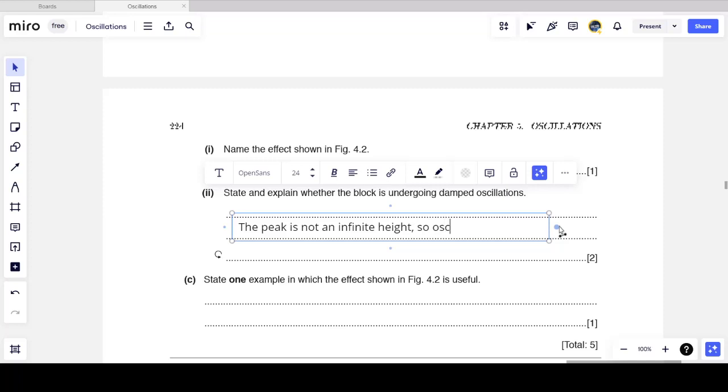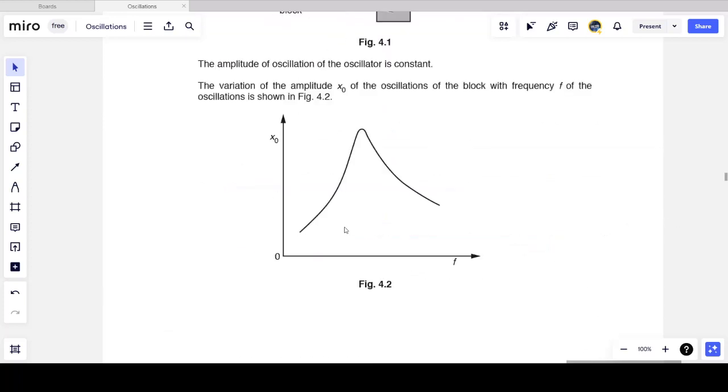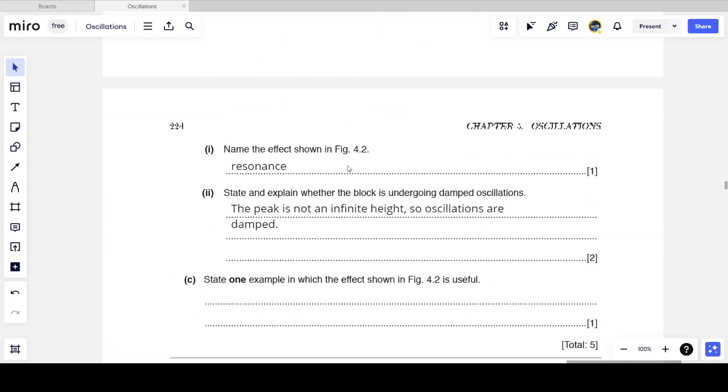And so that's enough to tell us that the oscillations are damped. We can also say that the peak is not very sharp. We could say that the peak is more smooth or flat or rounded at the top rather than being quite sharp. But it's hard to tell in this figure. So I think it's safer to say that the peak is not an infinite height, so oscillations are damped.